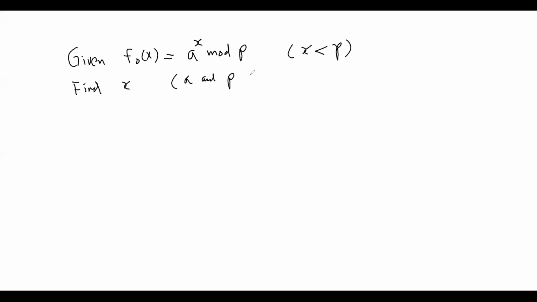Here A and p are known, and x is unknown, as well as f0 of x.